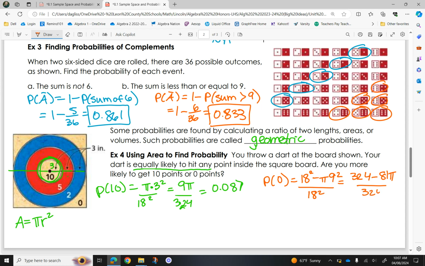Which is 324. So figure that out while I get my plug. What is the area, or what percent of my board is worth 0 points?